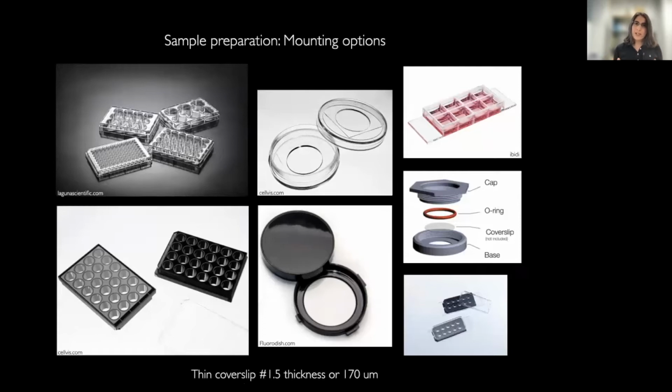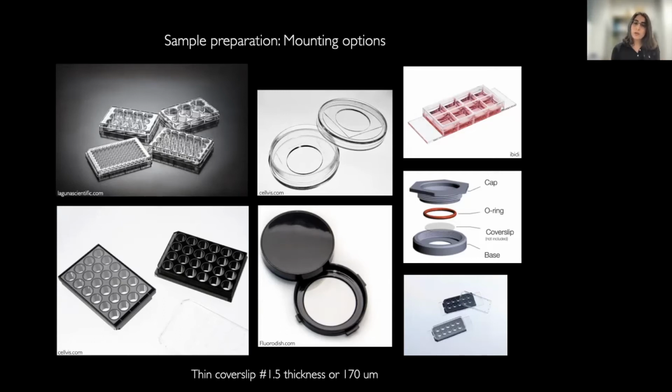You've chosen your sample, you would like to mount it on something to put it on the microscope stage. Now for that, you have a number of options that are commercially available, but also you can do your own. For instance, you have multi-well dishes, small petri dishes as small as 35 millimeter with a glass bottom cover slide, or a multi-well slide, also glass bottom.